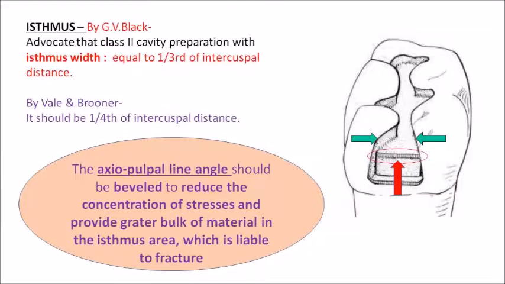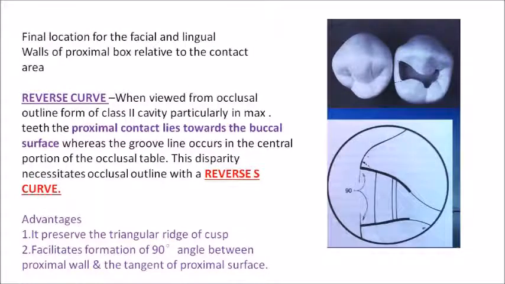Another important point is the reverse curve, or reverse S curve. Reverse curve is seen when viewed from the occlusal outline form of a class 2 cavity, particularly in maxillary teeth, with the proximal contact lying towards the buccal surface. As you can see in the second picture here, that is the reverse S curve, where you have the proximal contact area lying next to the buccal surface.